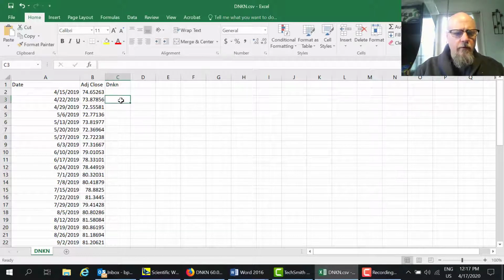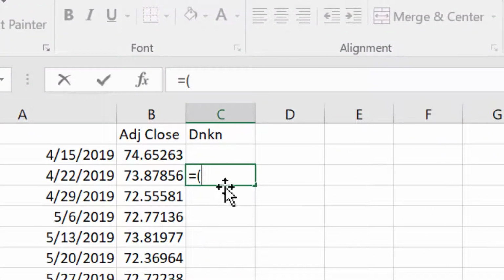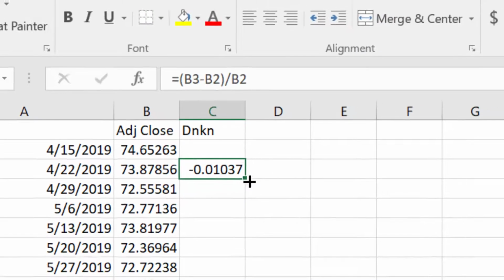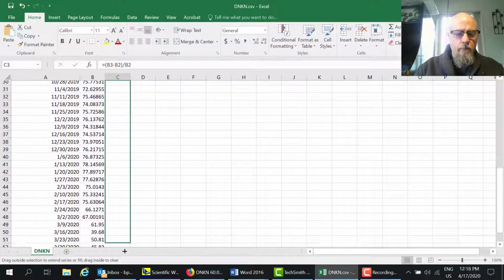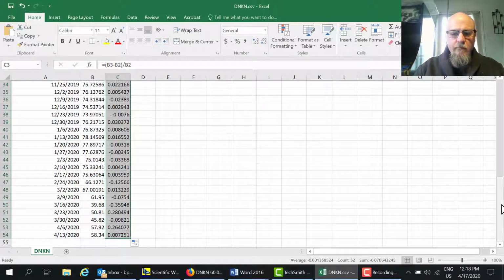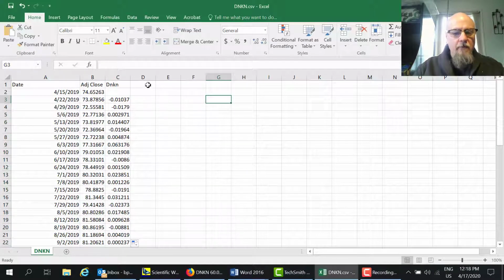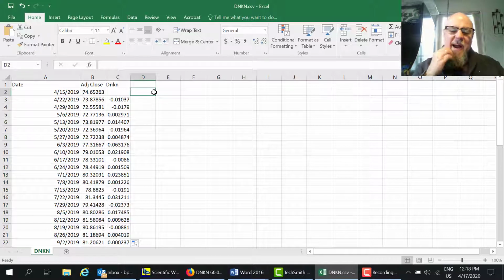We want to deal with the returns. So the weekly return is going to be equal to... now our average return is going to be the drift.